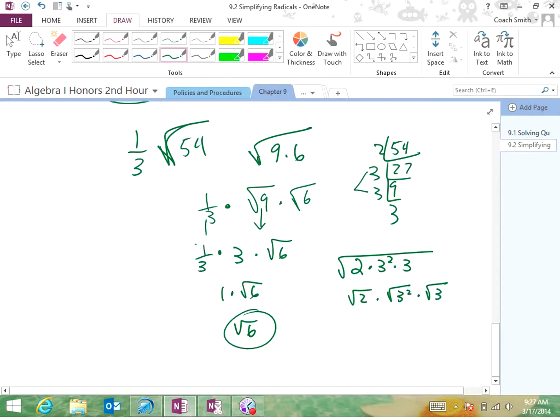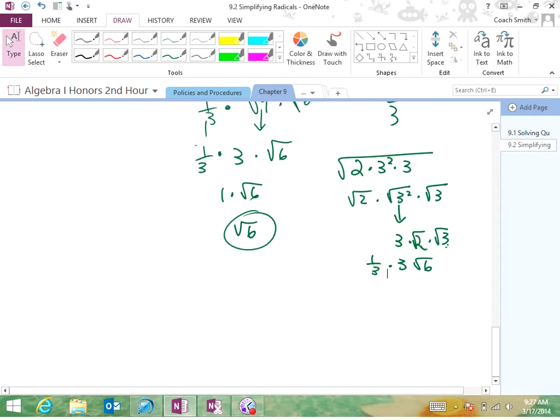So this is 3 times square root of 2 times square root of 3. And that's 3 times square root of 6. Because you can put those two things together. And then I take the 1/3 times that. Okay? Either way, you're going to get the same answer, providing you do the mathematics right.